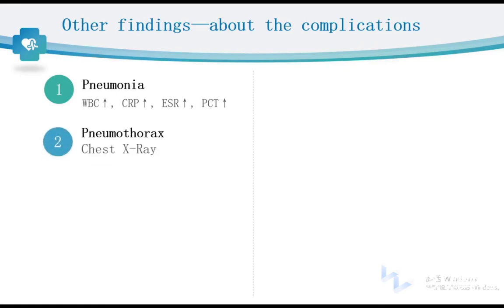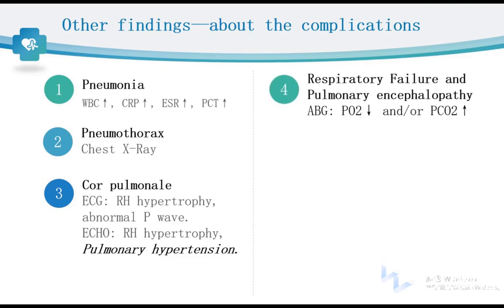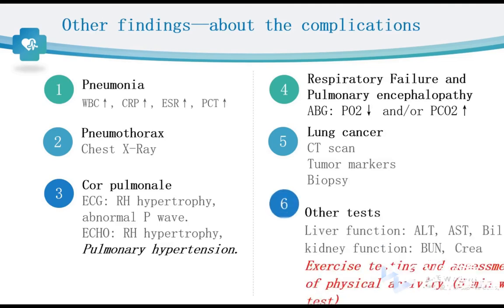We can also arrange chest X-ray for scanning the pneumothorax, and ECG echo to scan the cor pulmonale, and ABG, arterial blood gas analysis, for scanning the respiratory failure, and CT scan, tumor markers, biopsy for scanning the lung cancer.